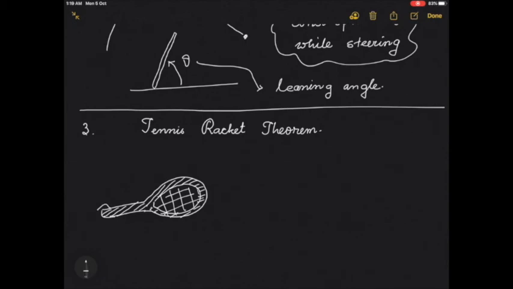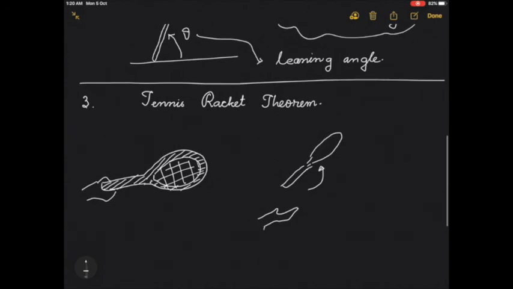Now say you are holding the racket here, and you give a jerk such that when you release, the racket goes up with a toss. So you give a spin like this, give motion like this to the racket, and you let it fall down.